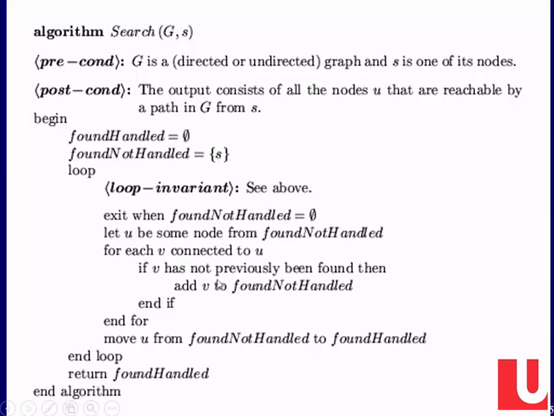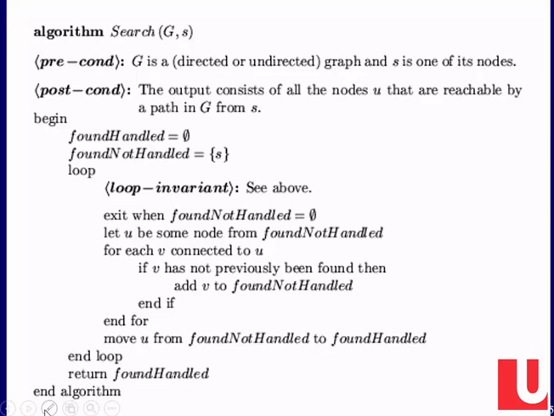And when we finish that, we take U and put it in found and handled. Everybody follow that code? And when we exit, then the found nodes are hopefully our answer. Everybody got the algorithm?